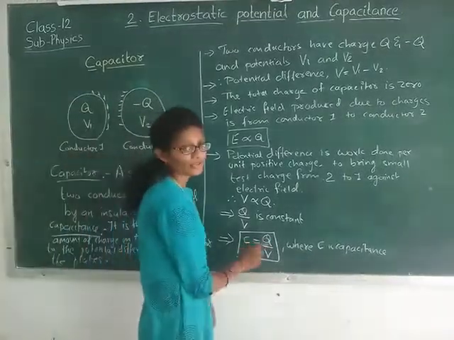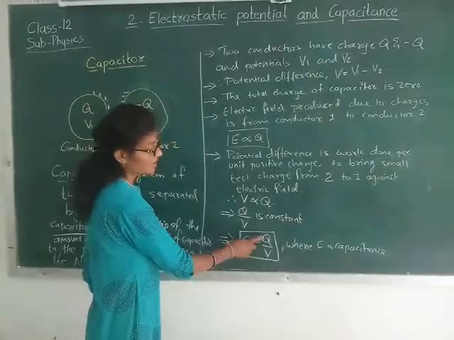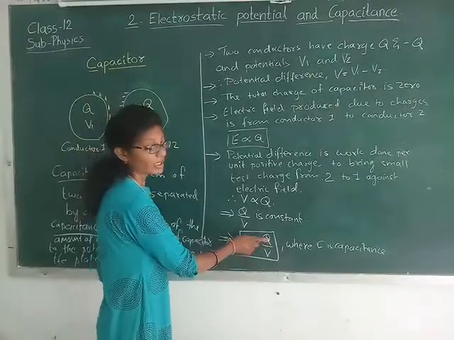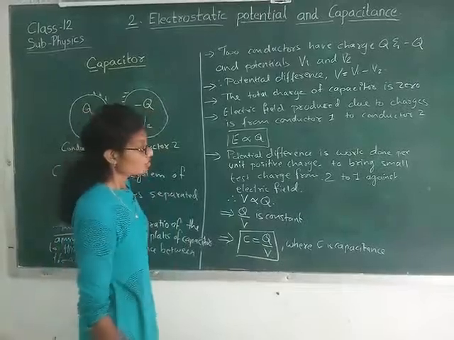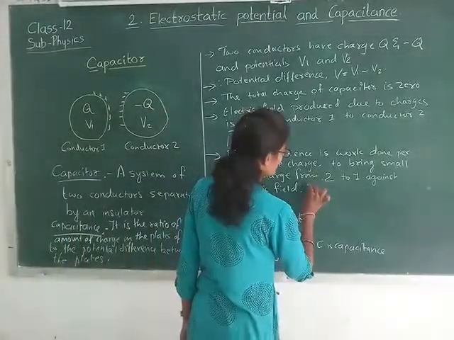Now let us see the unit of this capacitance. In this formula we have charge in the numerator and potential difference in the denominator. So how can we write the unit of that?